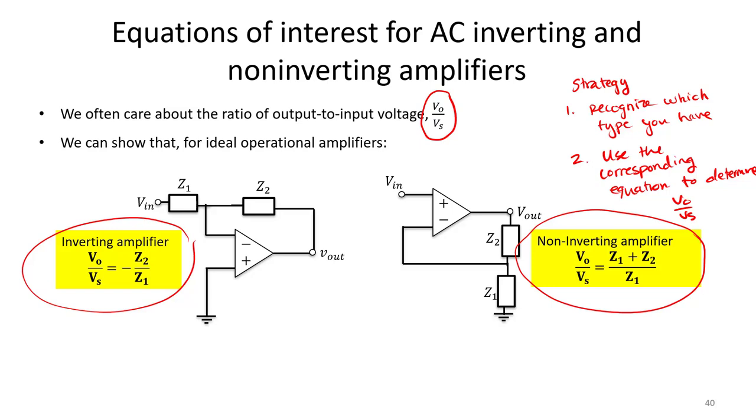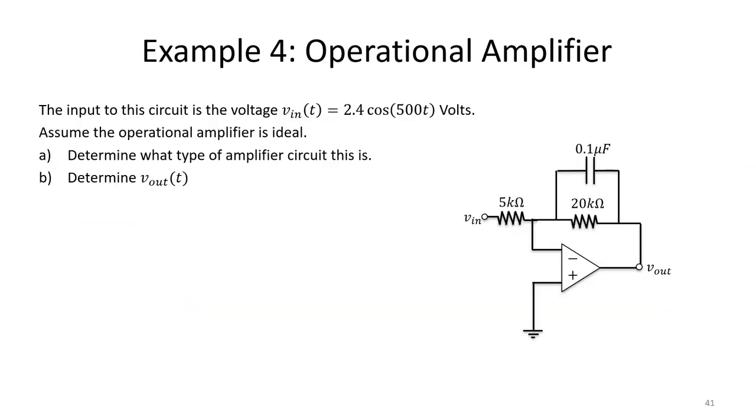Let's go ahead and try a quick example before we end for today. So in this example, we are given an op-amp, and we know our input voltage. We're also allowed to assume this op-amp is ideal so that we can use the equations we just learned.